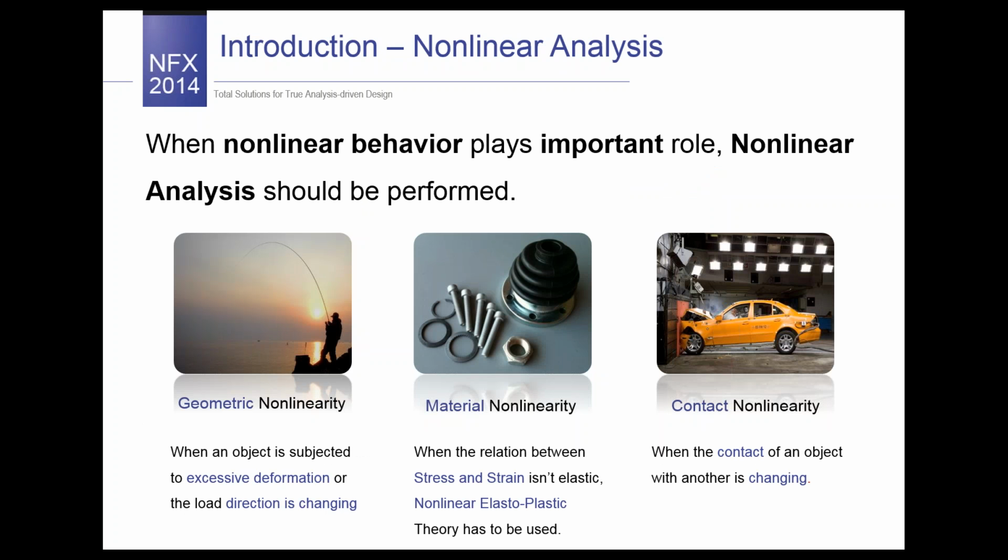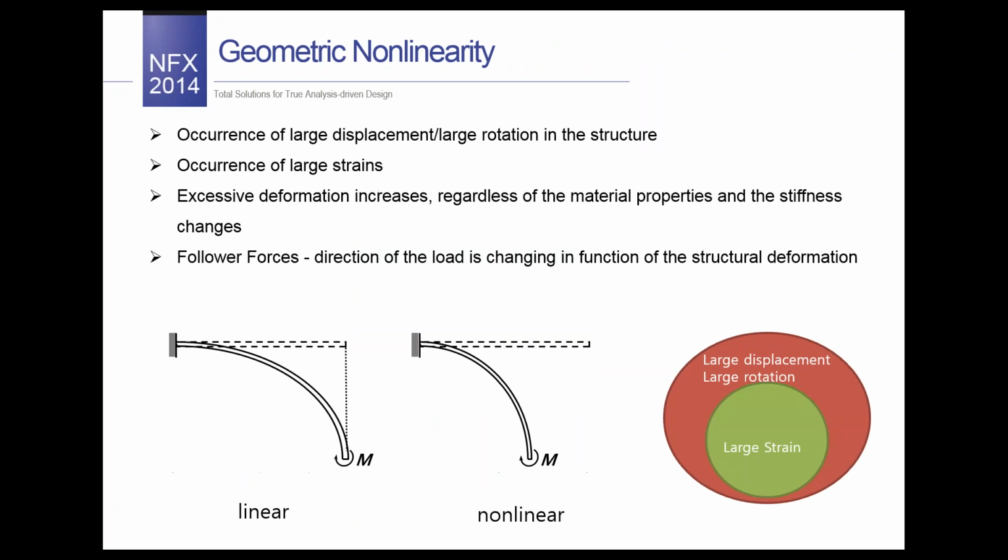The second reason is material nonlinearity, and this happens when the relationship between stress and strain isn't elastic. So, for example, nonlinear elastoplastic theory has to be used. And the third one is contact nonlinearity, and this is used to describe the interaction between the objects. For example, like that.